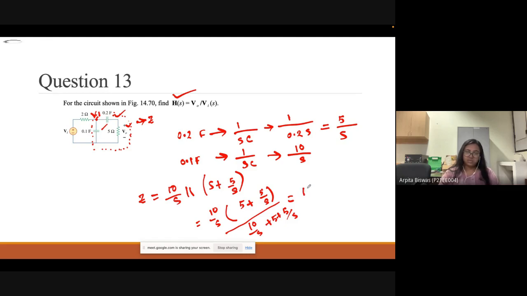Now just calculate this. We can find this equal to 5 into, in the second bracket, S plus 1 by S, and this is 5 by S. I'm just taking common.